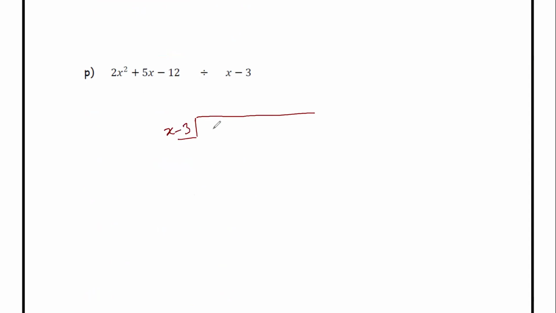x minus 3, 2x square, 5x positive, and negative 12. So obviously I write 2x out here because I know x into 2x gives me 2x square. Negative 3 into 2x gives me negative 6x. Change the sign, negative, positive.